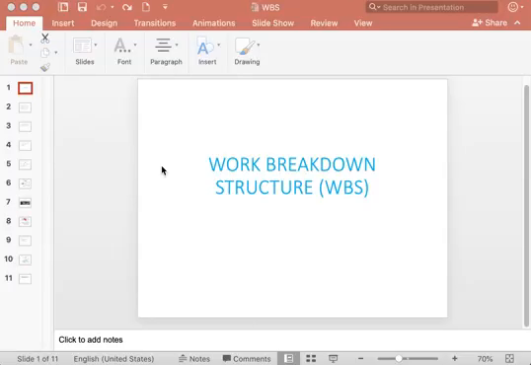So the whole project, when it is broken down into smaller parts, gives rise to one level of hierarchy, and when we break down each of these smaller parts into further smaller and detailed parts, then that gives rise to another level, and so on and so forth. It goes on.